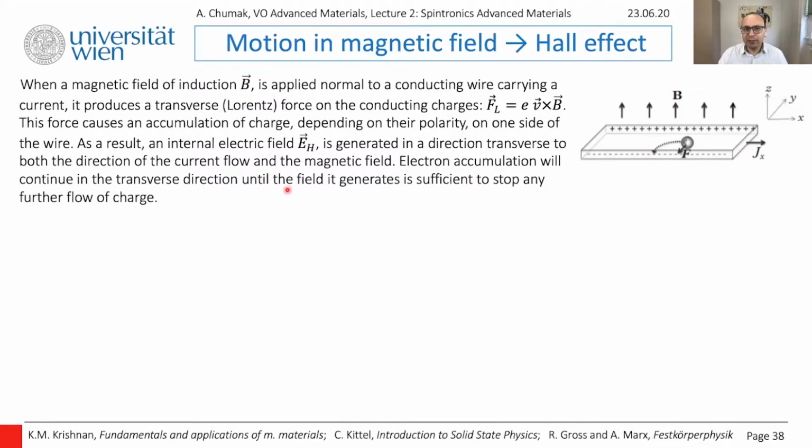Moreover, they will create a new electric field, which will act against this motion of electrons. So at the end of the day, we come to a steady state situation when this Lorentz force and motion of electrons to this side are compensated by the electrostatic potential, which is accumulated already at the edges of your sample.